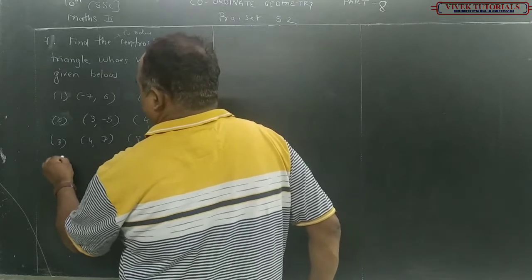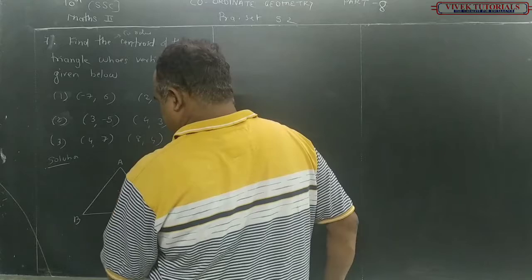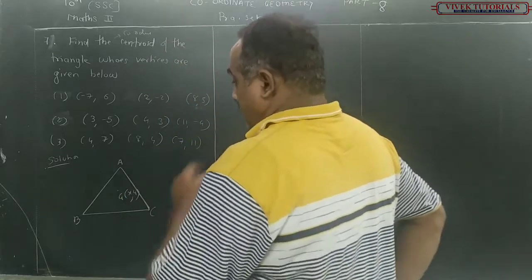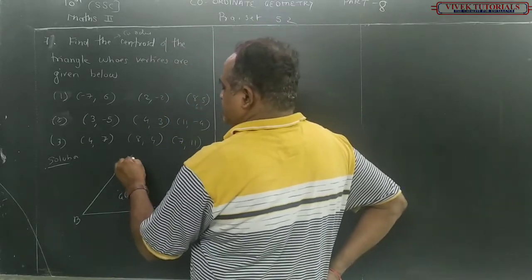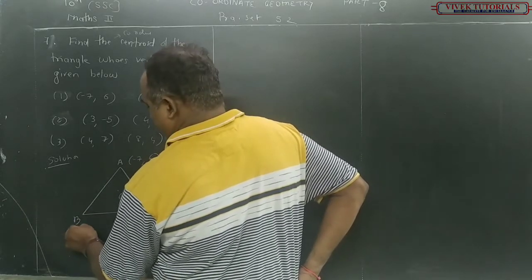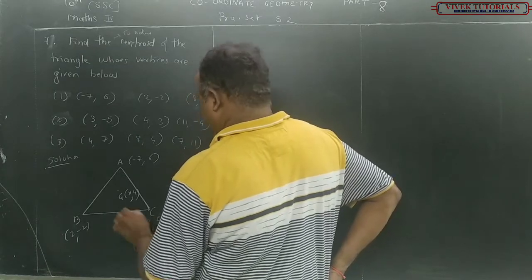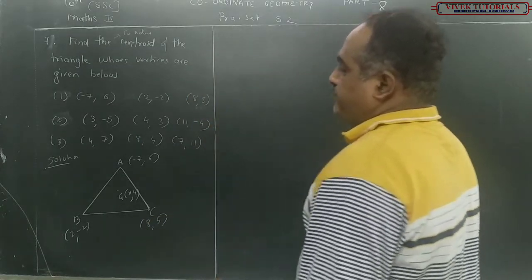Now, solution of first question. This is G. G is x comma y. A is minus 7 comma 6. B is 2 comma minus 2. And C is 8 comma 5. Okay.